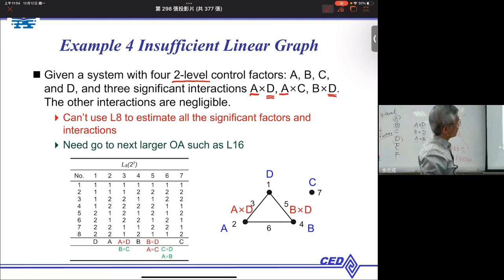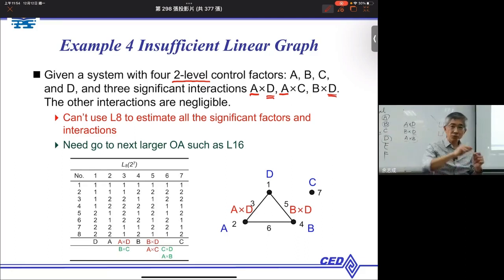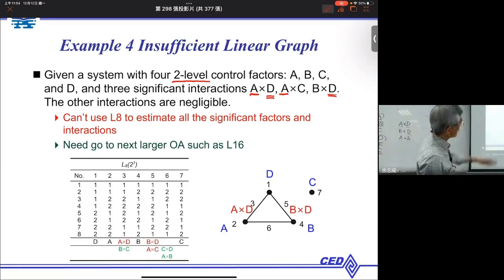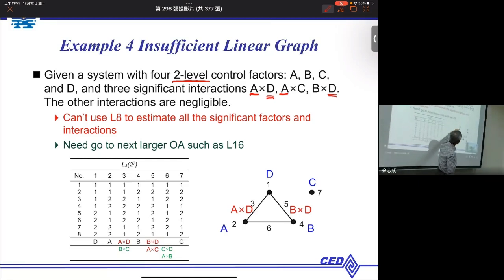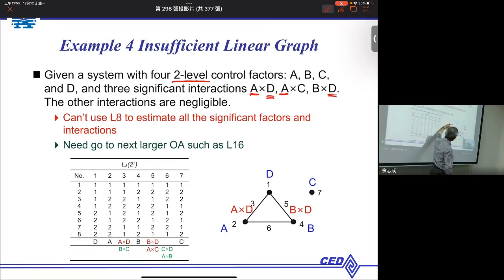Same thing, factor D also needs a place for 2 lines, right? So this is one of the possible arrangements. Let's put A in column 2, D in column 1. Therefore, luckily, we know AD can be estimated, right?